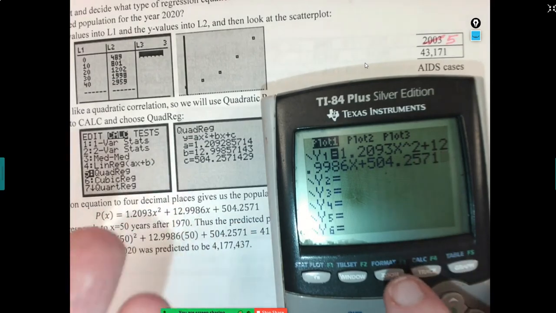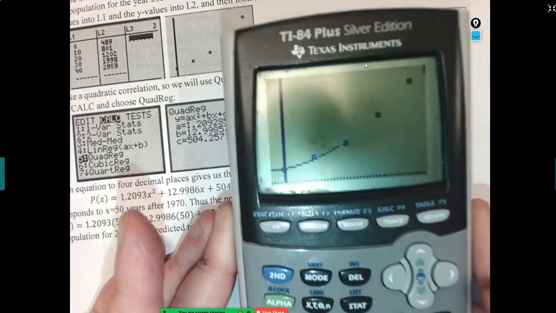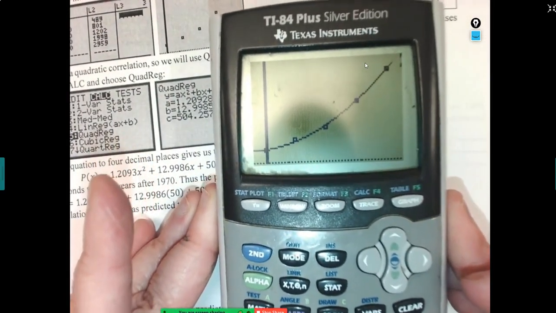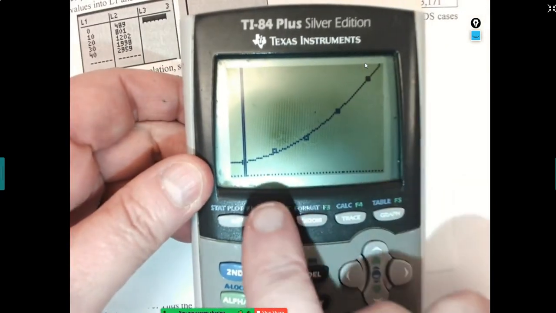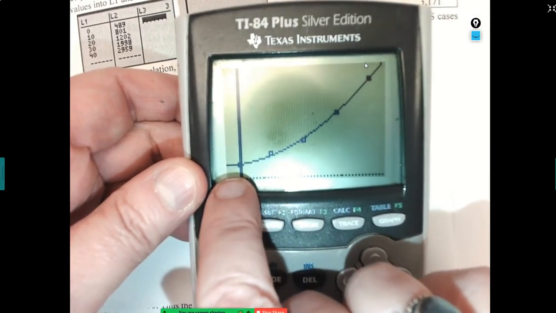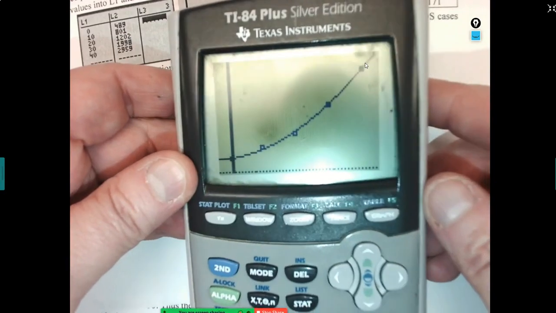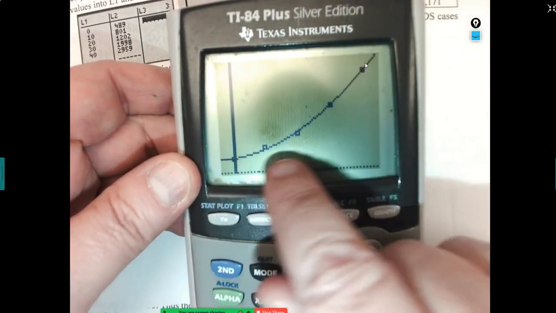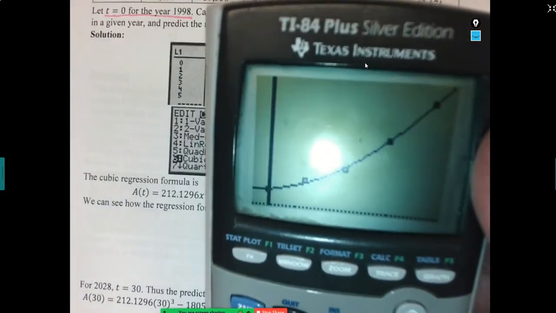Then if I press zoom 9, you should be able to see how that quadratic fitted that data. And it is easy to see the quadratic if we understand that there is a point right there. If we didn't see that point, we might say, oh, it looks linear. But with this point here, it kind of confirms it. Okay, so that was, I meant to do that for the last one, forgot to do it.